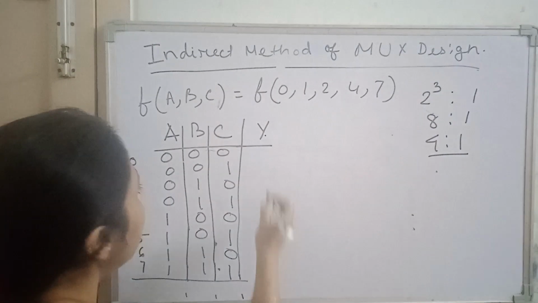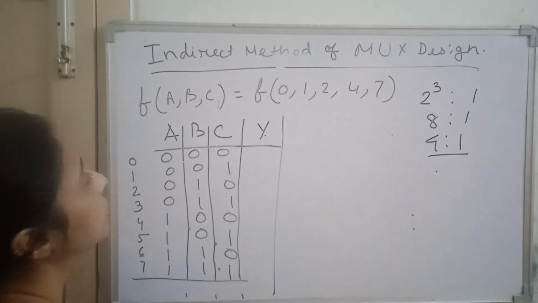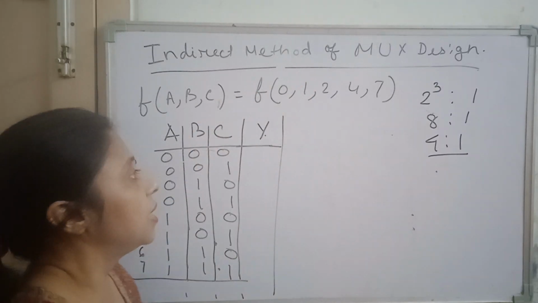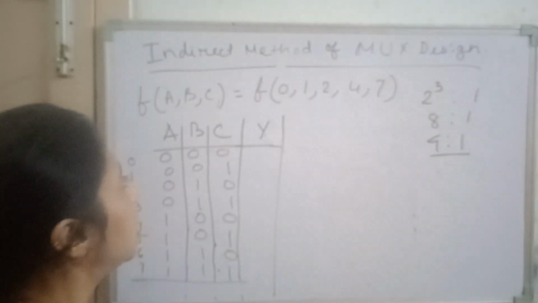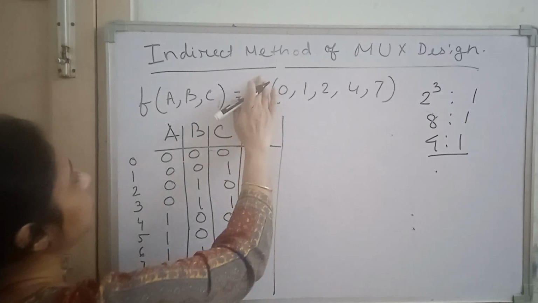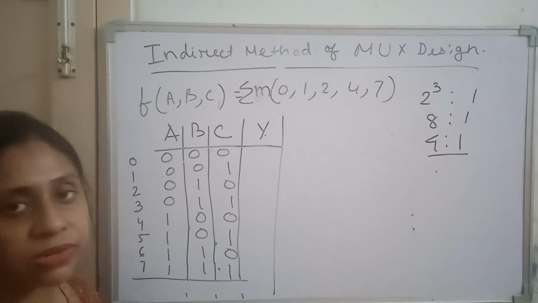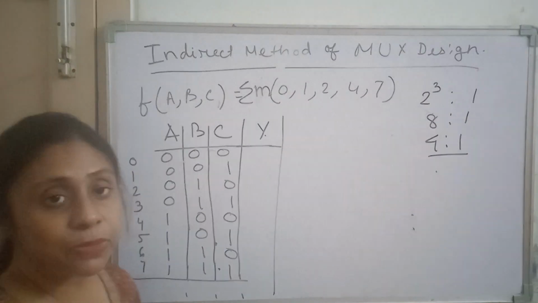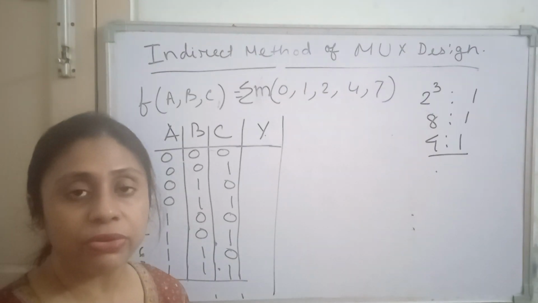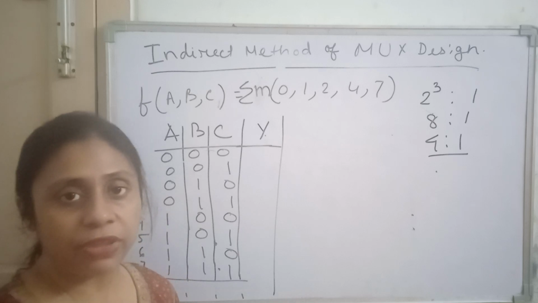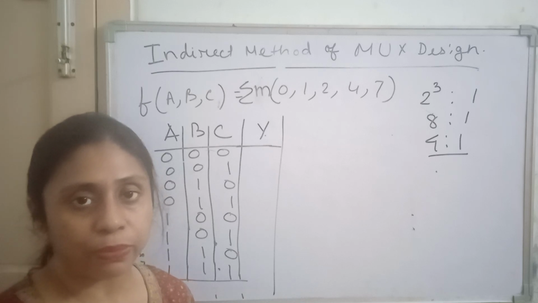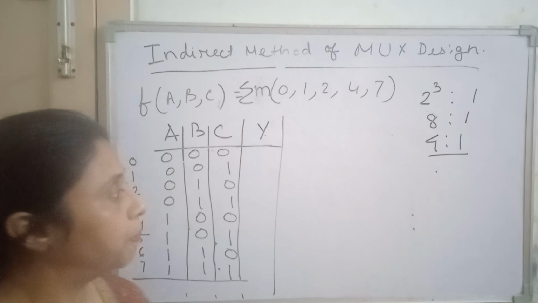Right? Now, what is the output from this min-term expression? This is the summation of, so write, it is a min-term expression, so summation of small m. Min-term expression means this expression when reduced in variable form will give you the sum of product form, right? SOP form.